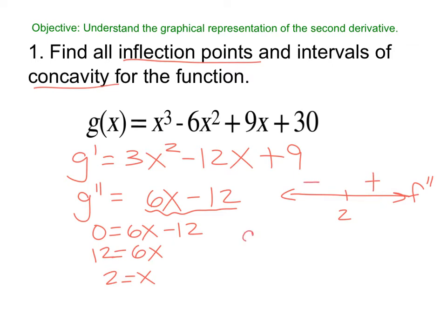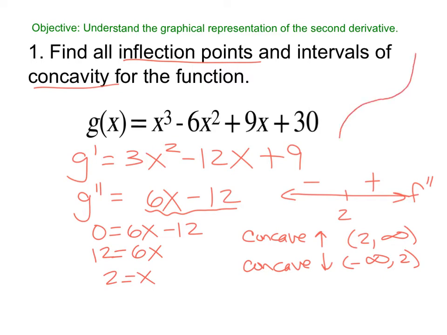So this is concave up from 2 to infinity and concave down negative infinity to 2. And that's it. So a good indication is that it would be concave down and then concave up, right? So that's what this thing probably looks like.